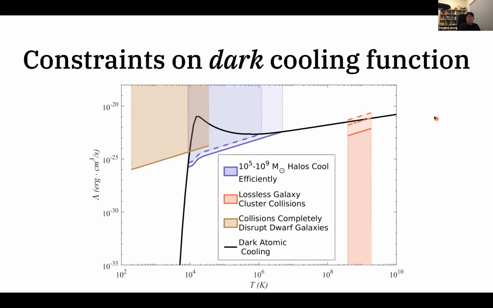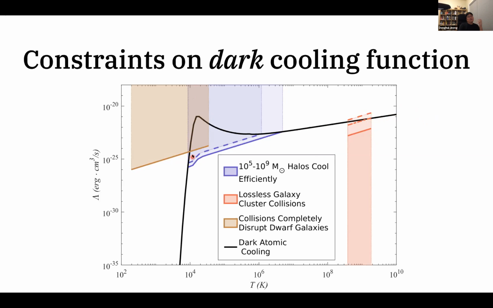And here I have the plain vanilla atomic cooling function as the black curve. And this green region is what creates enough dark black holes within a halo of 10^5 to 10^9 solar mass. There are regions because we have different redshifts.